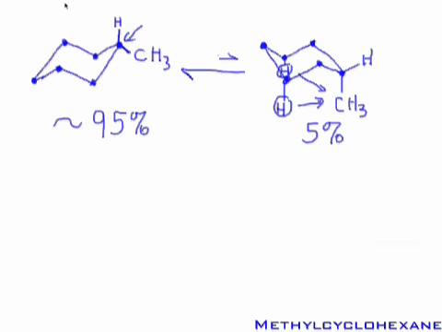And let's say this was what I drew on scrap paper, and it said, draw the least stable. I would know, oh, it's equatorial, it's not the least stable. I could draw the ring flip structure, or I could draw it the same way and just put the methyl group axial if I ask for the least stable conformer.